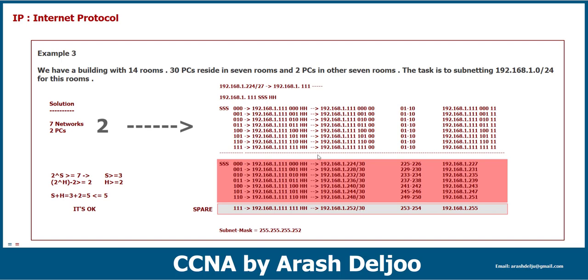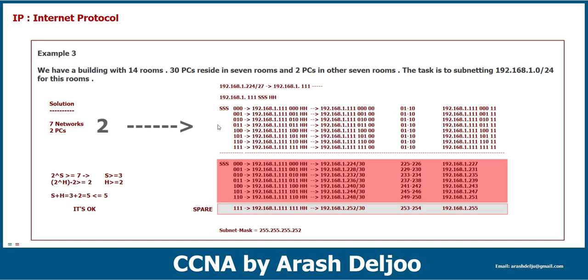This is the third example, but at the final scenario of this video, I'm going to give you one extra scenario, and in this scenario again I'm going to design a network with triple requirement.